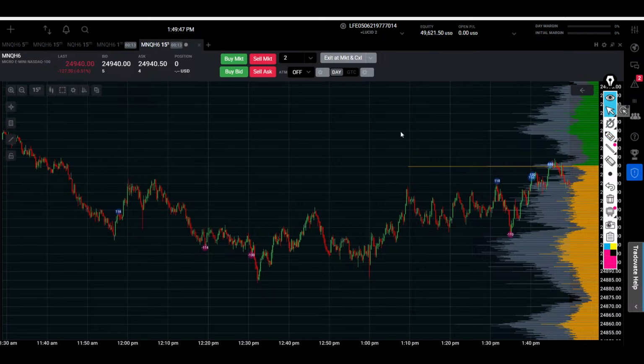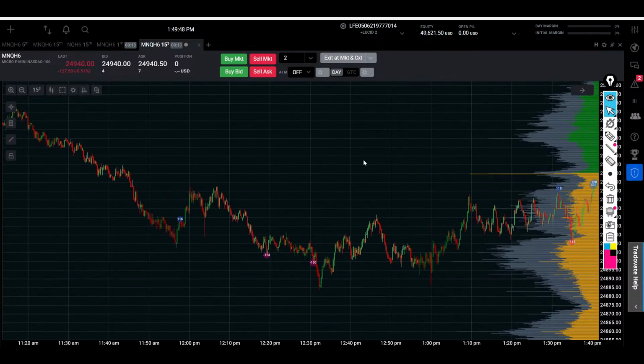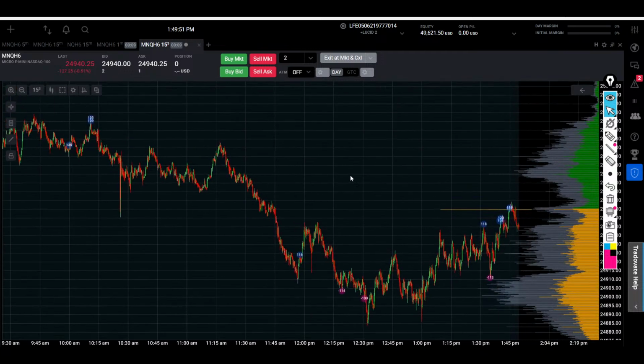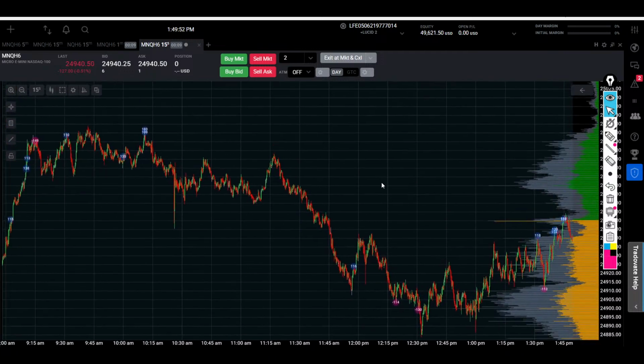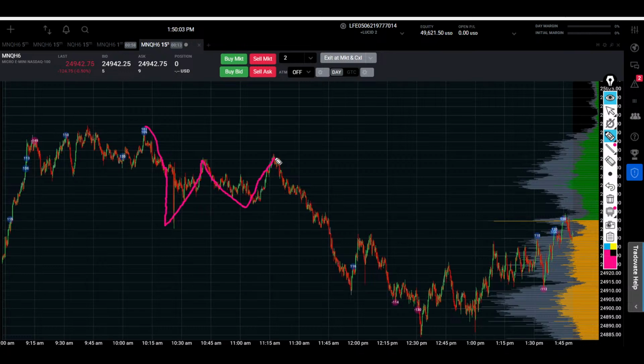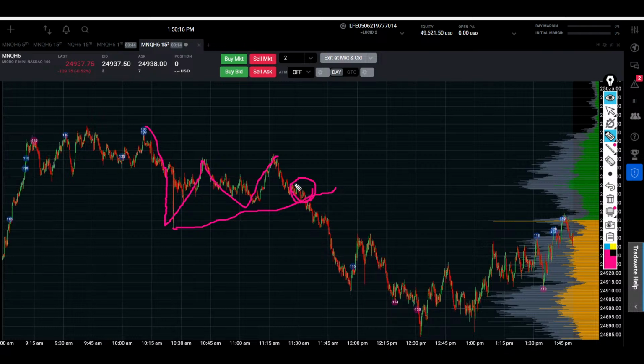So here, let's see if we can find. So here the impulse, and then you have this. Once you see this, you make a line, and before the line you have to have a correction, which you do have, here.